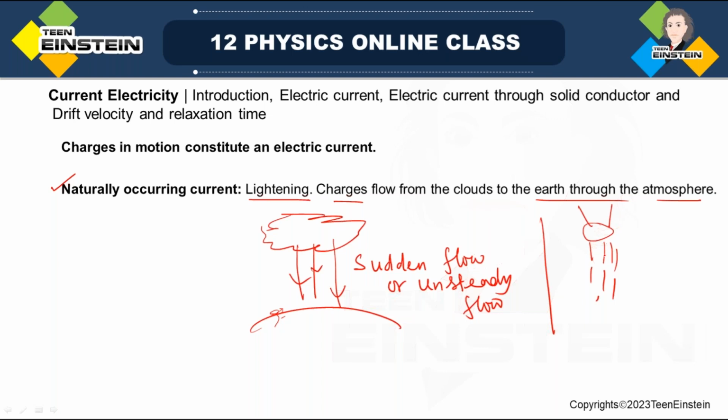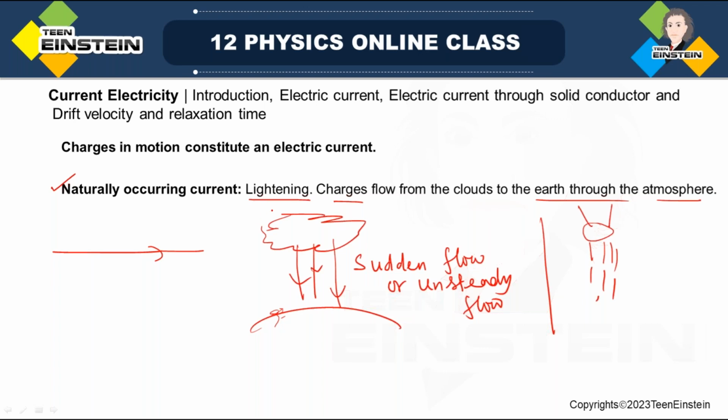You will neither get any satisfaction, nor will it be very useful. So we need a steady flow of water to take a shower, right? Similarly, if we want to use electric current, it has to be a steady flow of charges, a continuous flow.